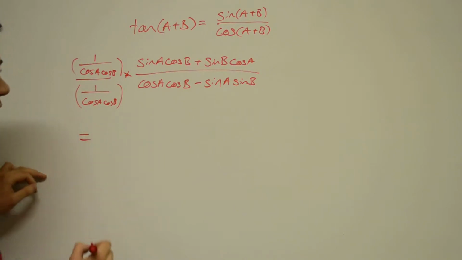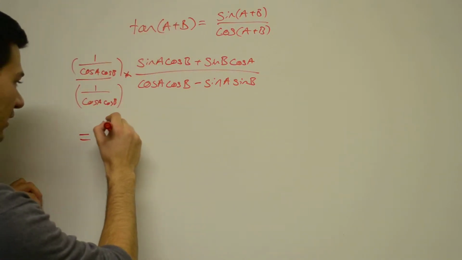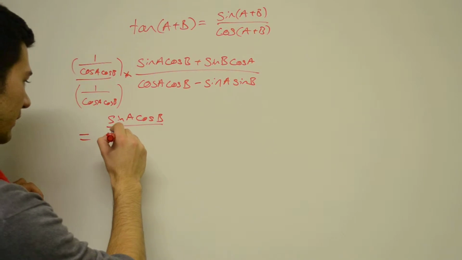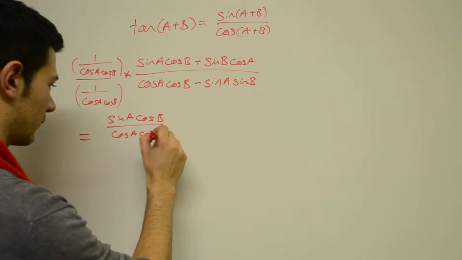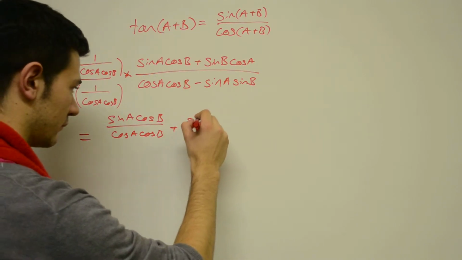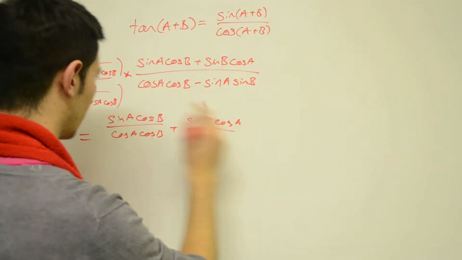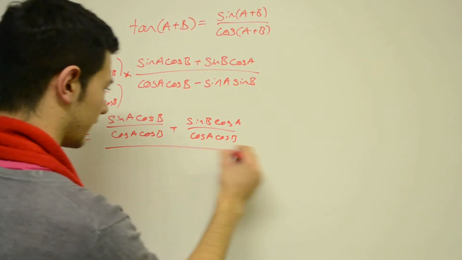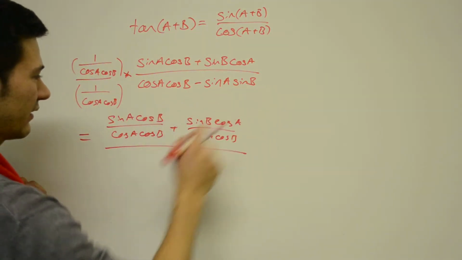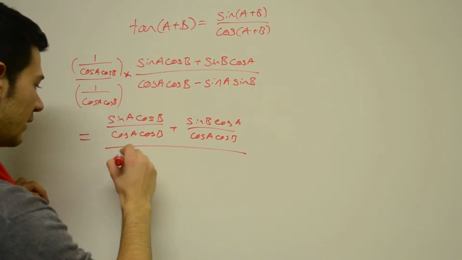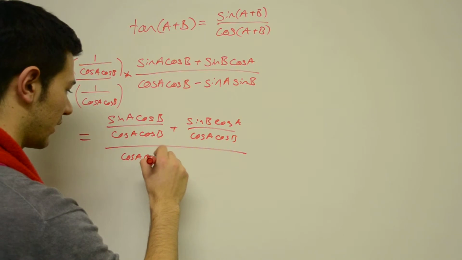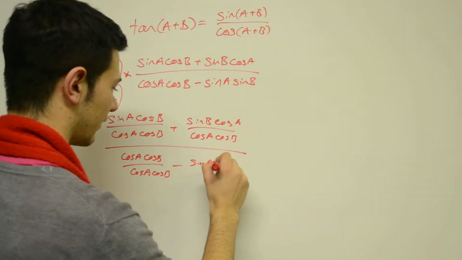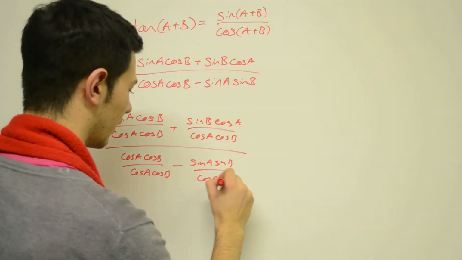And that is going to be equal to, if we distribute it, sine a cos b over cos a cos b plus sine b cos a over cos a cos b, and all of that divided by cos a cos b over cos a cos b minus sine a sine b over cos a cos b.